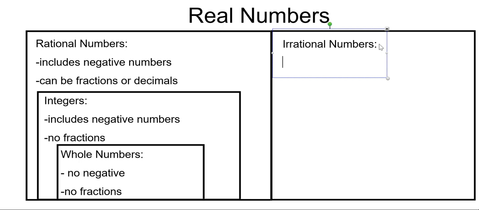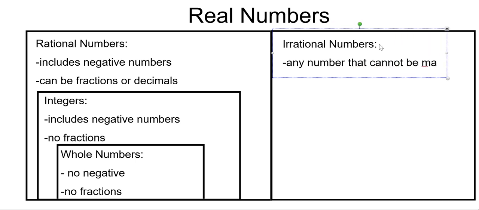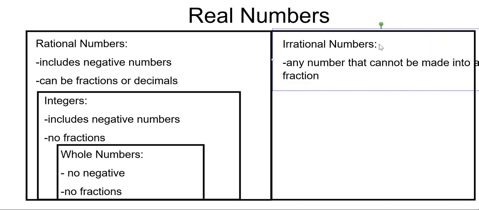So an irrational number is any number that cannot be made into a fraction. Like we said, all of these numbers over here can be made into a fraction, right? Irrational numbers cannot.